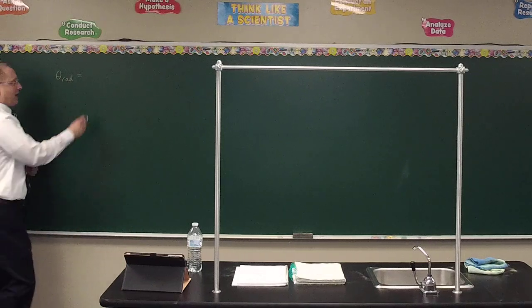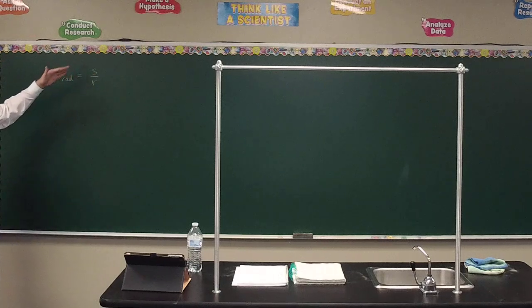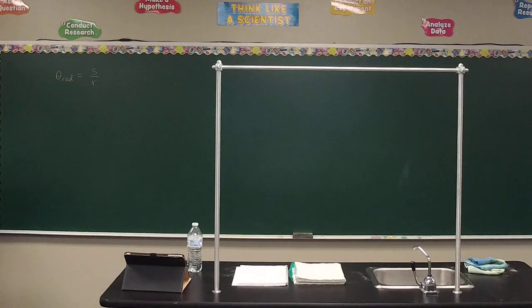And so theta rad, we said, is equal to S over R. If the arc length equals the radius, that angle will be called the central angle of a circle for which the arc length equals the radius. Is how we define 1 radian. 1 radian. And we'll use radians, hence the rad notation here, theta sub rad.